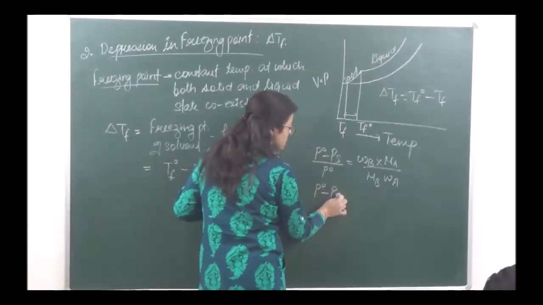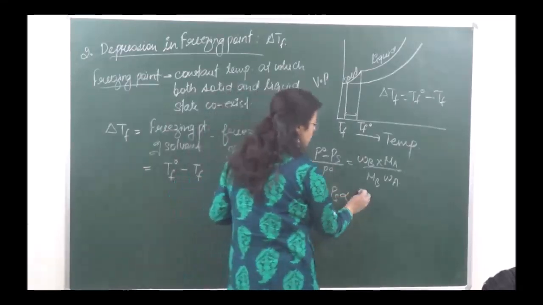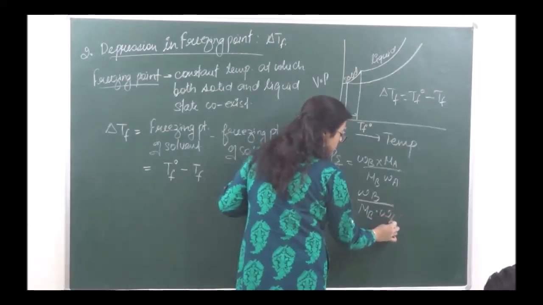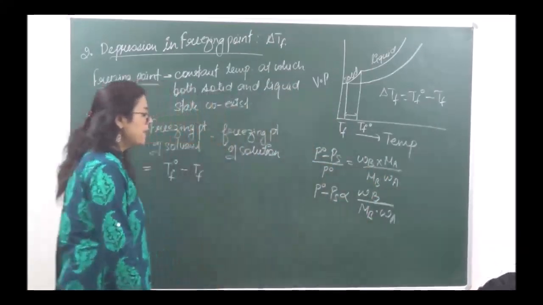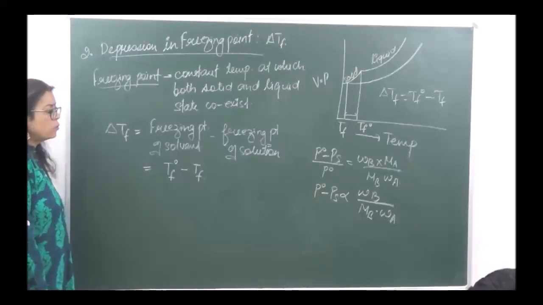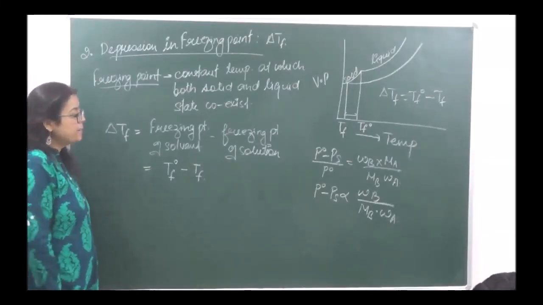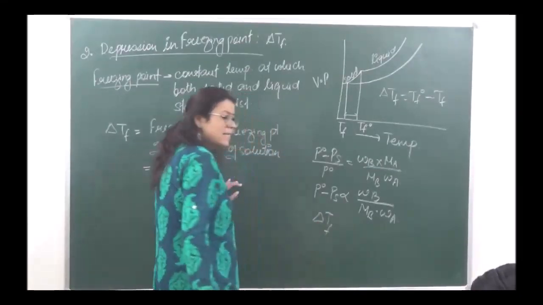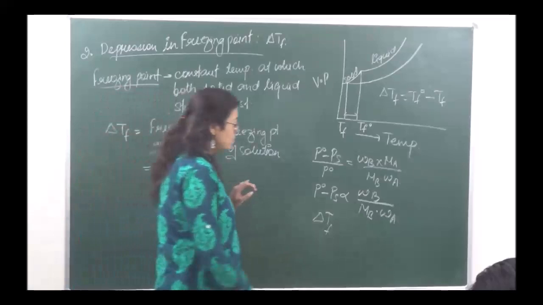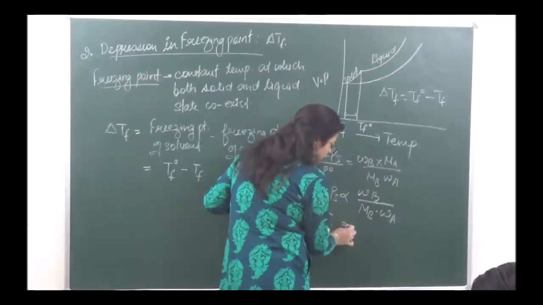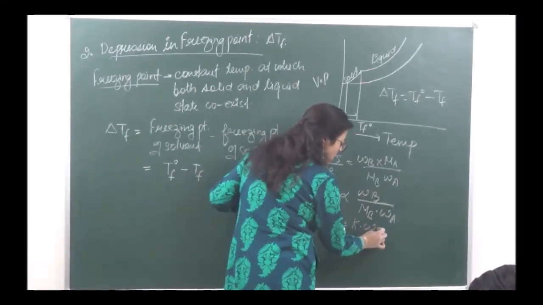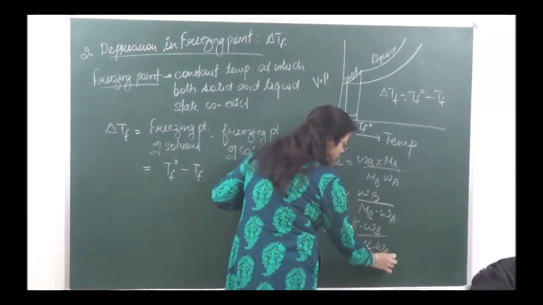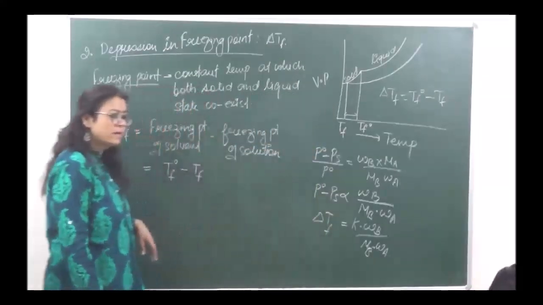So over here what will we get? P naught minus Ps is directly proportional to Wb upon Mb into Wa. And P naught minus Ps, that is delta Tf, becomes equal to K into Wb upon Mb into Wa.